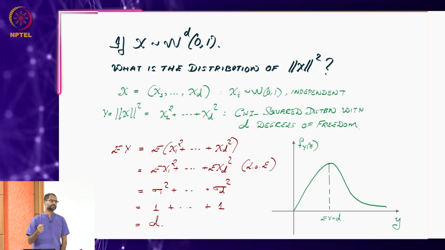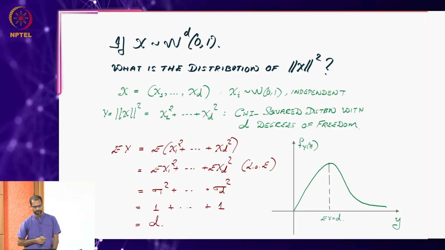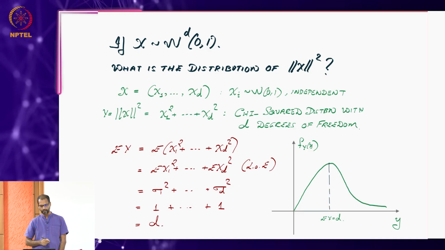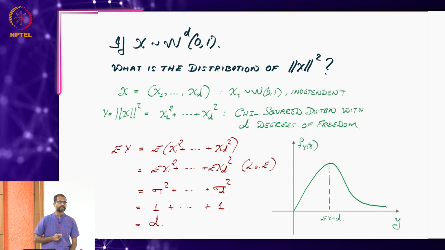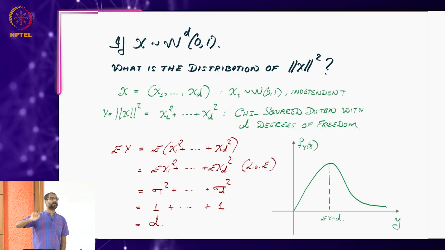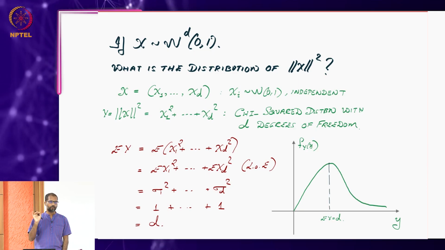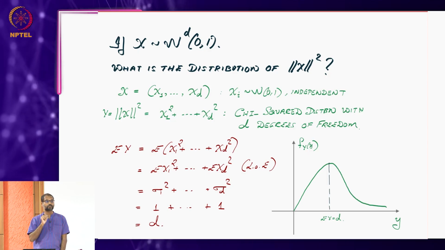Expectation of a sum is just the sum of expectations. So use that, you can represent the expectation of y as E of x1 squared plus etc. Now, what is E of x1 squared? E of x1 was the mean of the standard normal, which is 0, but I am not asking what is E of x1, what is E of x1 squared?